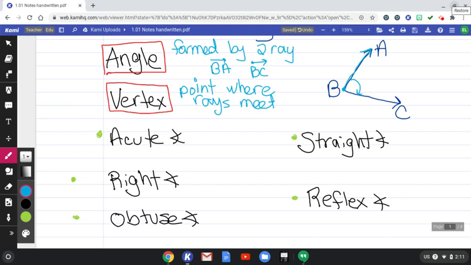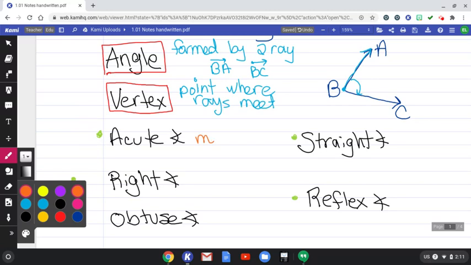So that's considered an acute angle. An acute angle measures less than 90 degrees, so the angle would be small and cute.